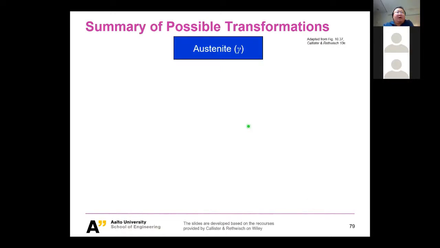All right, here I would like to give you a summary of our possible phase transformations. So we always start from austenite. By the way, I didn't speak about the mechanical property of austenite because it's usually at high temperature. But of course, you can imagine with a certain strategy, we can actually get austenite at room temperature as well.